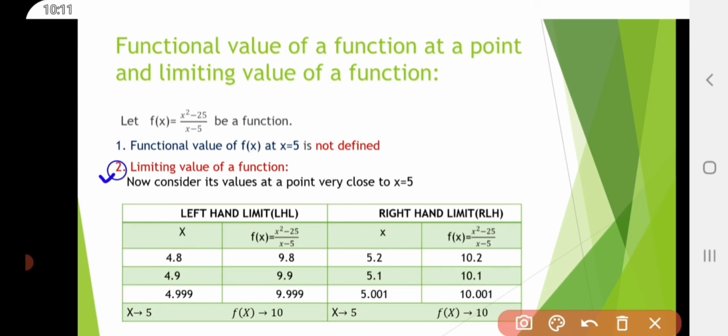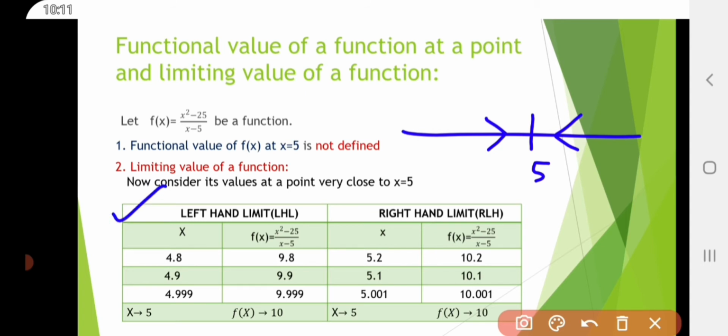Now come to the limiting value of this function. Now we consider its value at a point very close to x equal to 5. We can approach 5 from the left hand side as well as from the right hand side.